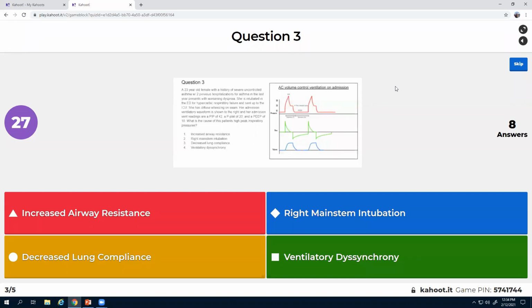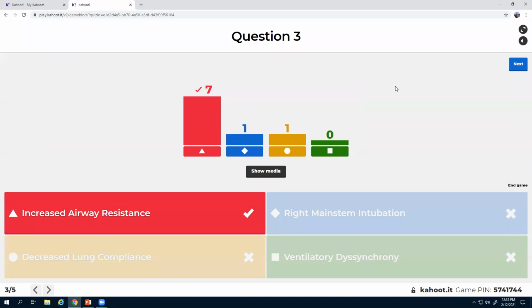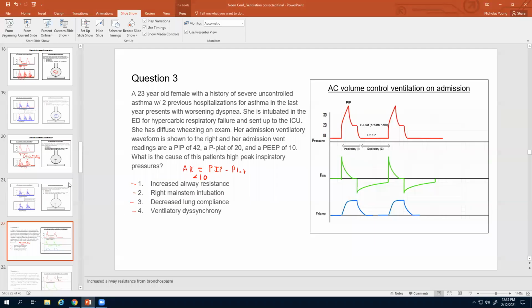All right, got about 30 seconds left. Nice. Okay. Great job, everybody.